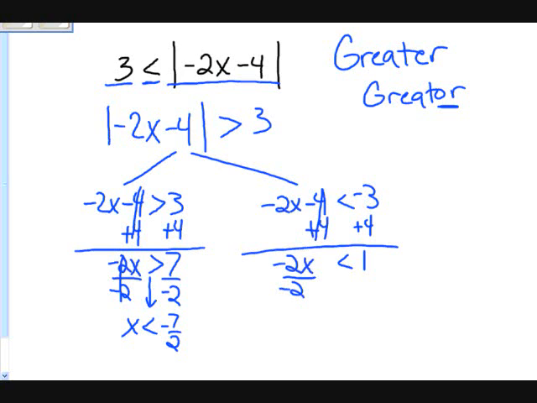Divide by negative 2 to both sides, and x is greater than negative 1/2, because I divided by a negative, which means I have to flip my inequality symbol. And in this case, we will have two separate answers because of the fact that this is a greater than, and if we were to graph this, my arrows would be going apart, so we can go ahead and leave our answers apart.